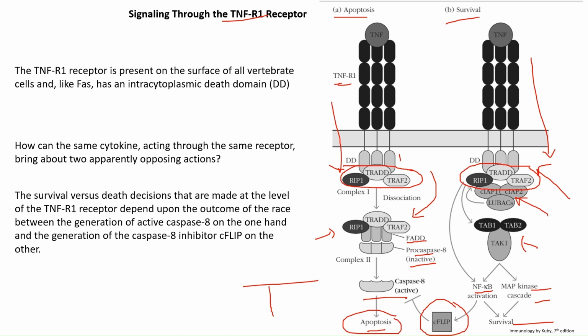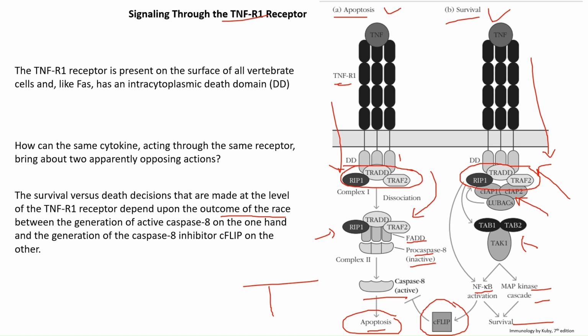There are two pathways, one leading to apoptosis, one leading to survival. So which pathway will win? Whether the apoptosis pathway or the survival pathway wins, this decision depends upon a race. Both pathways will start their race. Whosoever finishes the race first is the winner. If before C-FLIP formation, caspase 8 gets activated and leads to the activation of procaspase 3 and 7, then it will lead to apoptosis.